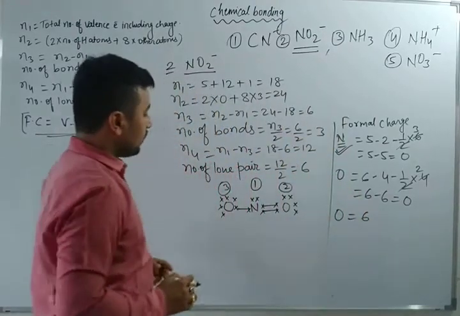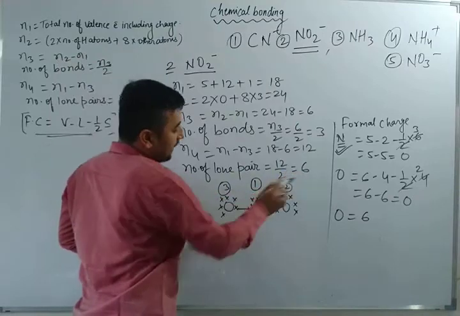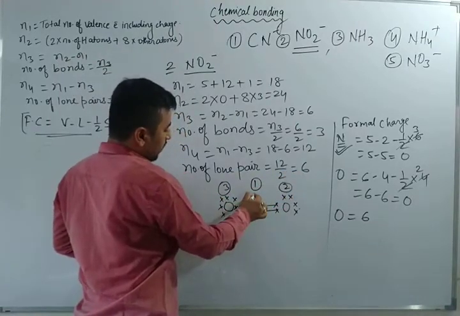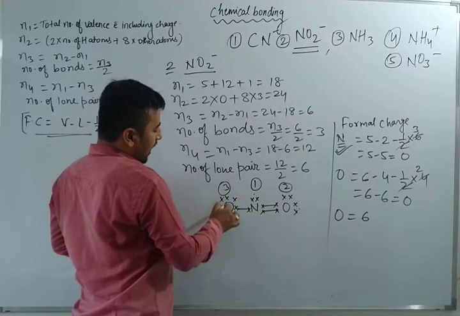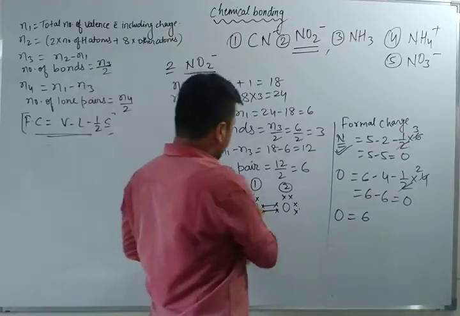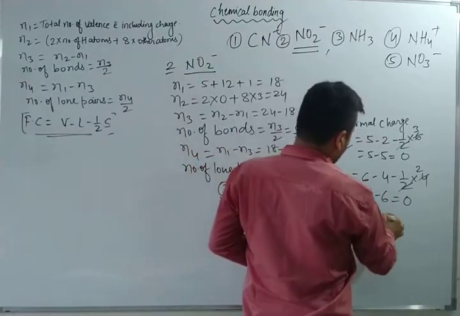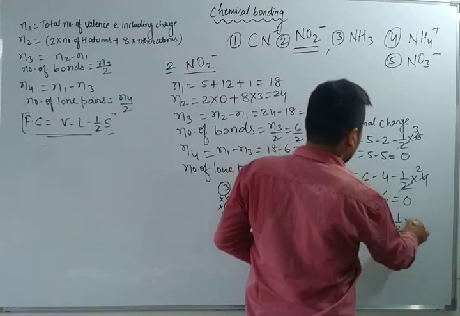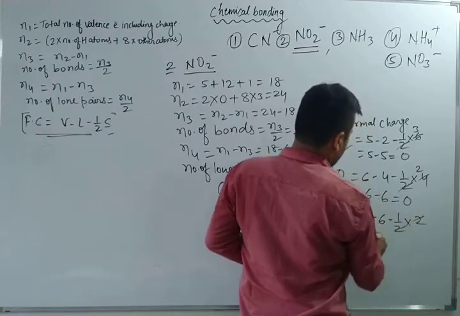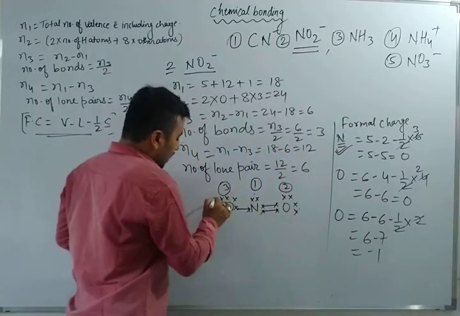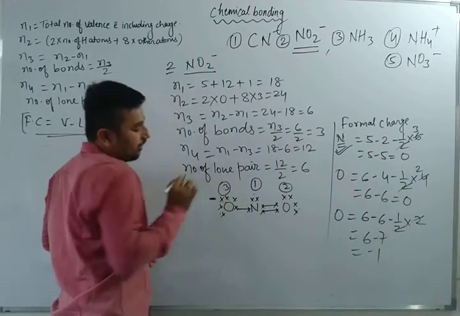One more thing: see, the number of lone pairs is 6. 1 lone pair, 2 lone pair, 3 lone pair, 4, 5 and 6 lone pairs here. That minus 1 electron we have seen, so that's why 3 lone pairs are there. So 3 twos are 6, minus 7 shared electrons, 6 minus 7 is equal to minus 1. So this minus charge will be on this third oxygen.